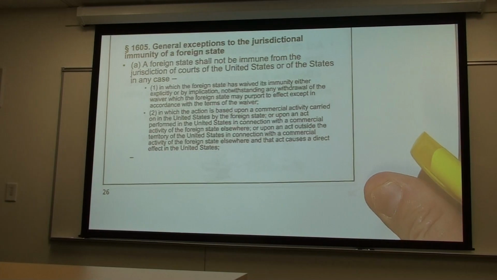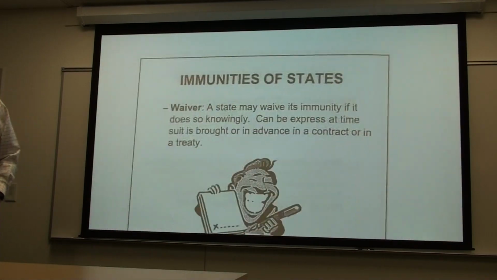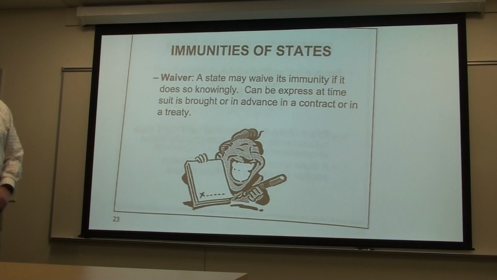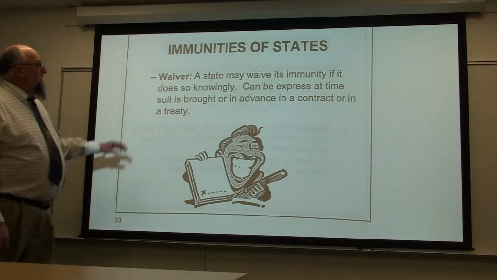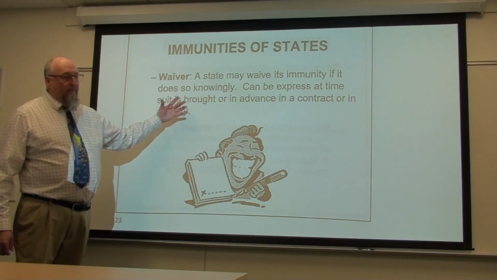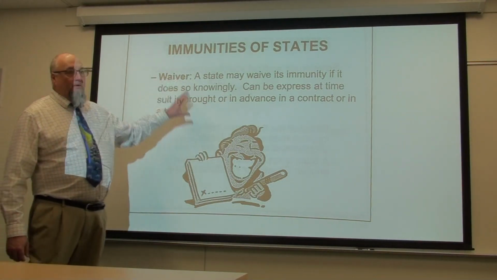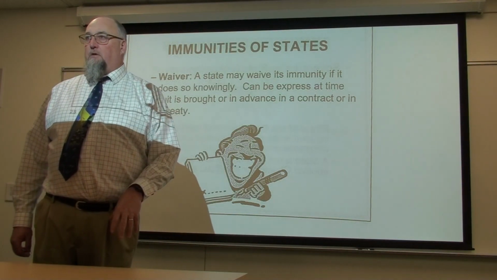And I think I have it on the next page. Another circumstance where a state may not claim immunity is when it has waived its right to claim immunity. This is typically going to be in the form of a treaty or a contract.